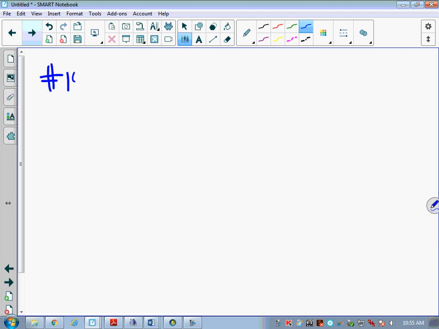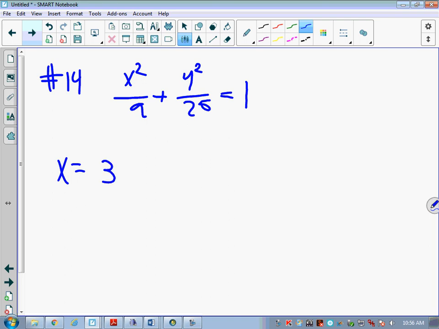Because it's an ellipse. So with x squared over 9 plus y squared over 25 equals 1. That's going to tell me that x equals 3 and negative 3.